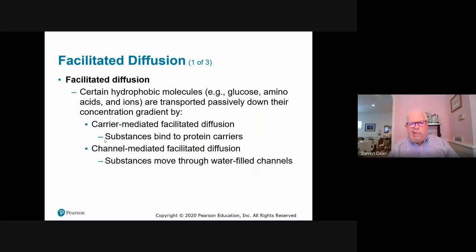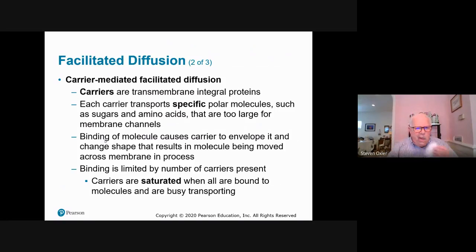So you can either have carrier-mediated facilitated diffusion, which means they're bound to protein carriers, or you can have channel-mediated facilitated diffusion, which means they move through water-filled channels to get in and out of the cell. Carrier-mediated is by the integral proteins on the transmembrane. Remember, we talked about integral proteins.